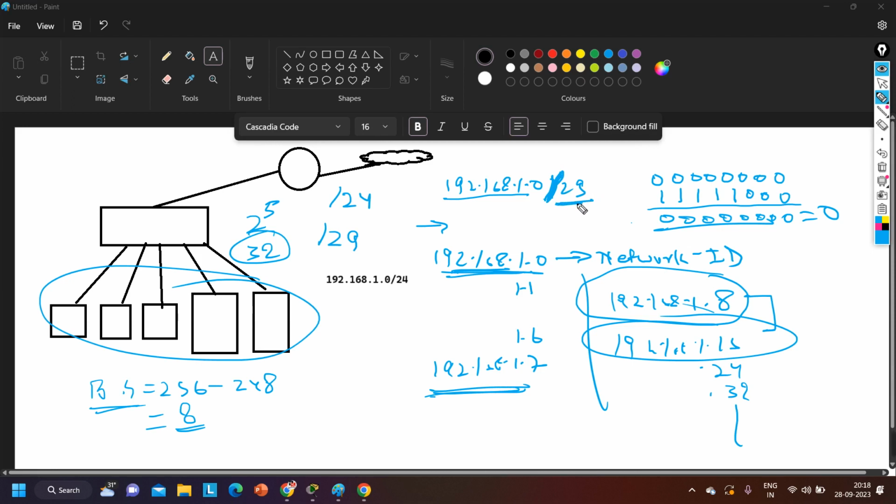If you have used /29, then your broadcast address is changed. Now your broadcast IP should be 1.7. 1.8 is the next network. Yes, sorry, 1.7.